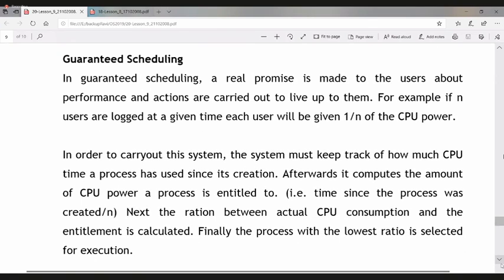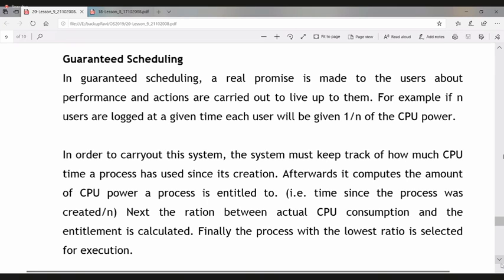And there's another method called guaranteed scheduling. So I'm describing different types of scheduling. In guaranteed scheduling, a real promise is made to the users about performance, and actions are carried out to live up to it.